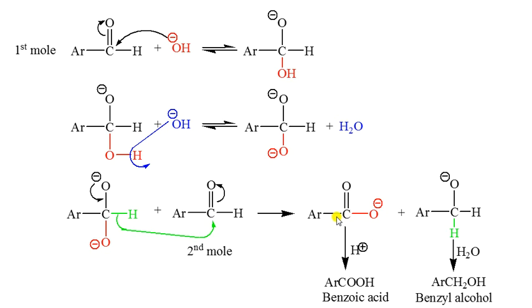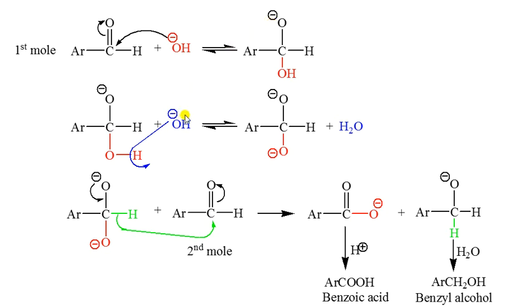Again, we need 2 moles of the same aldehyde without alpha hydrogen in the presence of concentrated base. The negative charge of the hydroxide ion will attack the partially positive carbon of the aldehyde of molecule number 1, and the pi bond in the carbonyl group will break to give a negative charge on the oxygen.